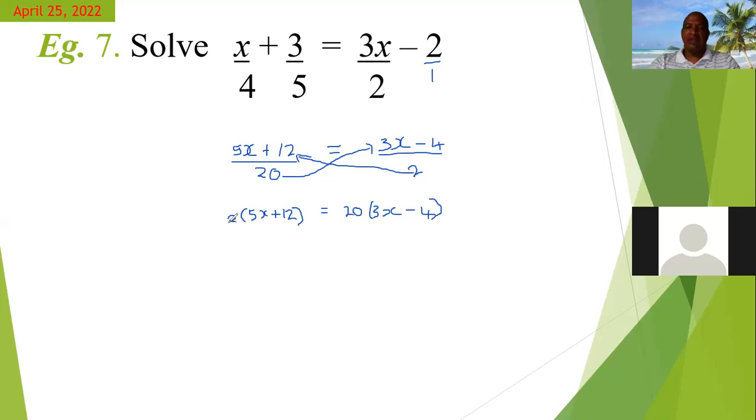Use the distributive law. So 2 times 5x gives you 10x, and 2 times 12 gives you 24. And then you would have 3 times 20, which gives you 60, and so this becomes 60x.